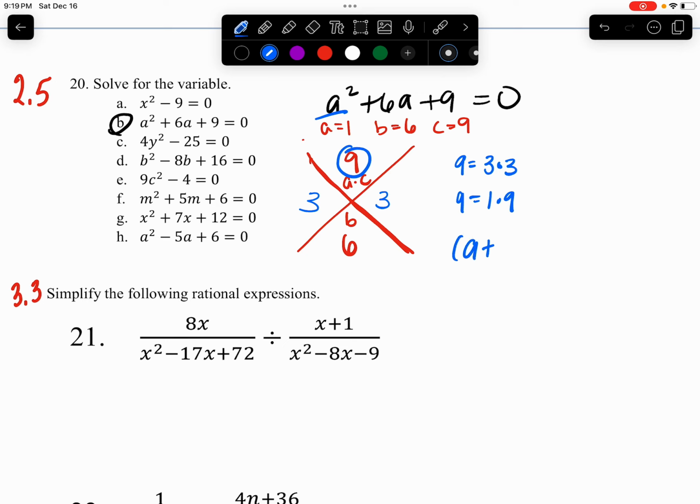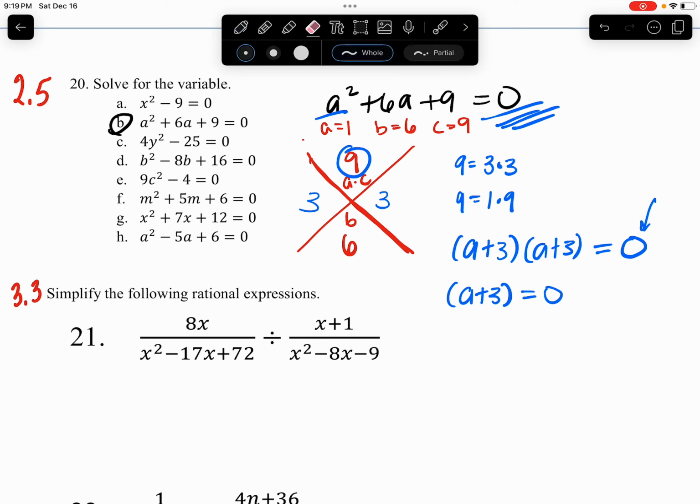So we're going to end up with a plus 3 equals 0. Remember, zeros of a polynomial, equal 0. So we're going to set both equal to 0. But since they're the same number anyways, we're just going to do it with 1. AKA, a plus 3 equals 0.